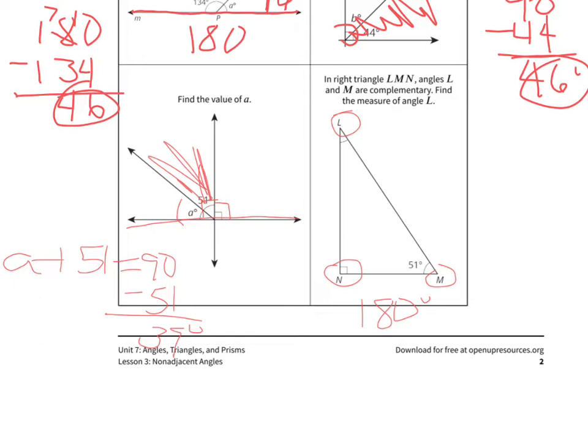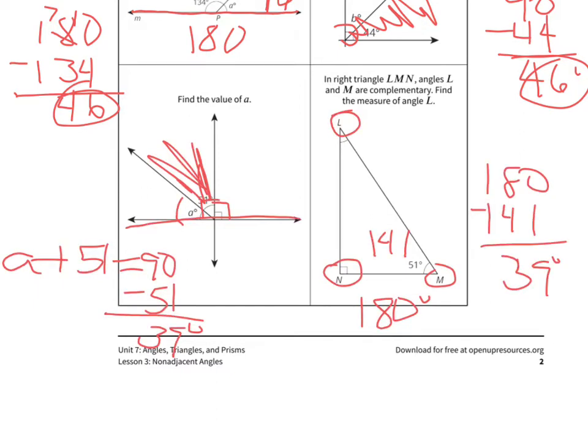So if I go 90 plus 51, I'll get 141. So these bottom two are 141. So if I go 180 degrees for all three angles minus 141 for the bottom two, I should get 39 degrees, which I do. So those two are right. Okay? So those are the four problems on page 25.